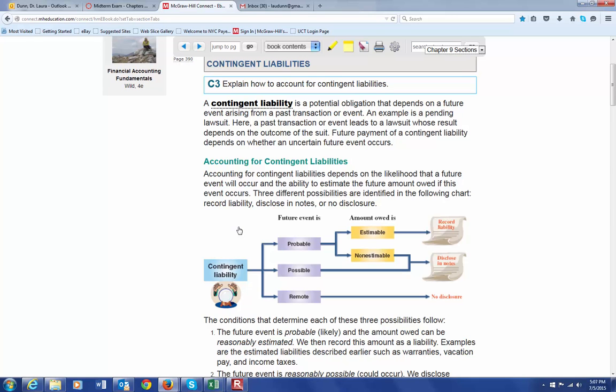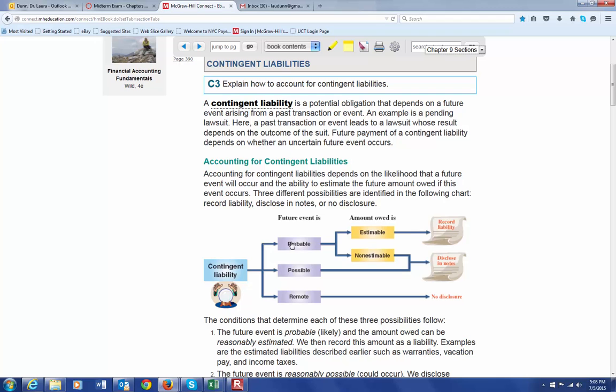If you believe that it's probable that, yes, you are going to be required to pay damages based on this lawsuit, and you can also estimate the amount that you're going to owe, then we are required as accountants to record that liability on our financial statements. The amount is recorded as some type of a payable, because it's probably going to happen and we have a pretty good idea of how much it's going to cost us.